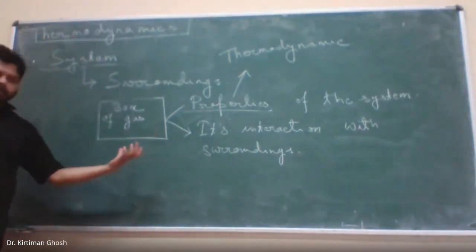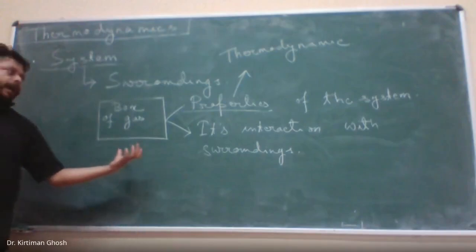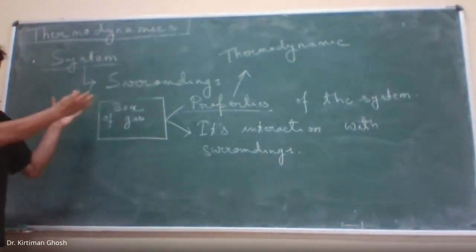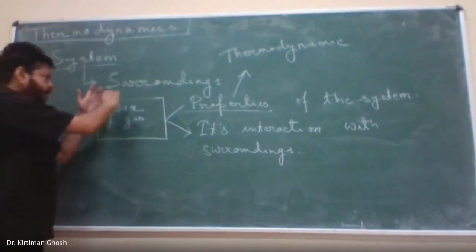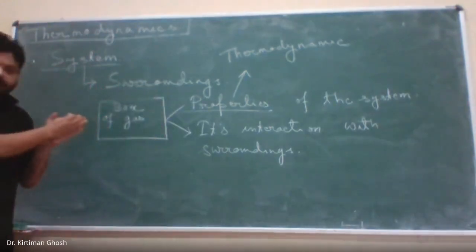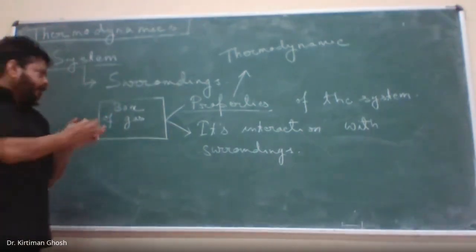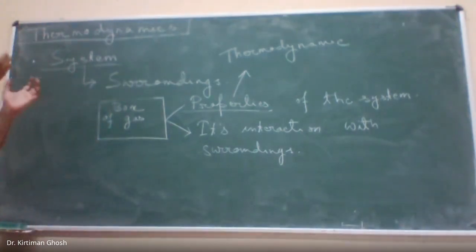Surrounding is important because ideally it is not possible to separate a particular portion of space. System is a particular region of space on which our attention is focused. We cannot separate that region from its surroundings.